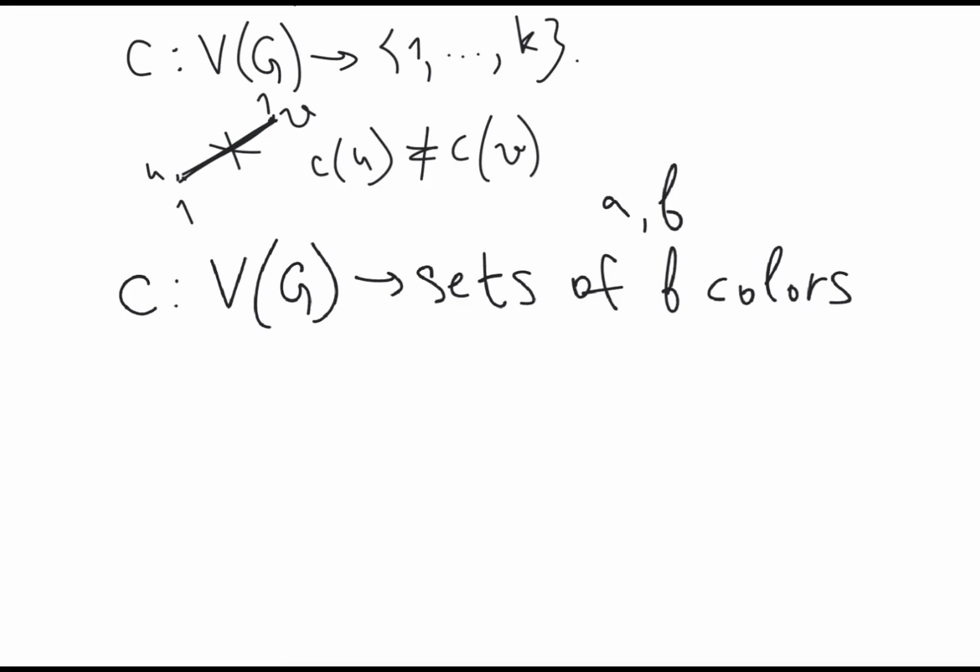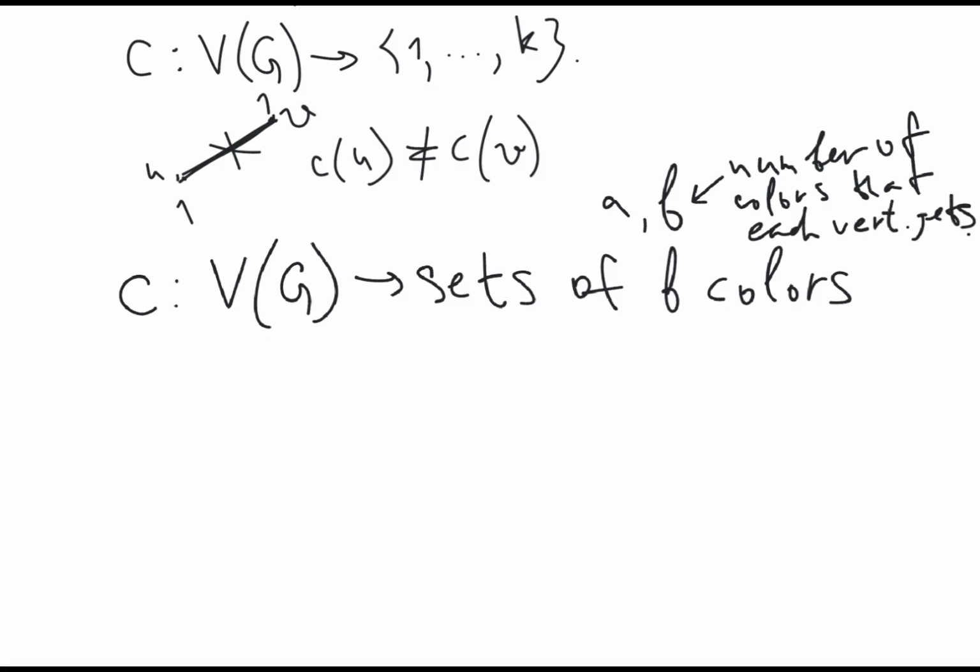So b is the number of colors that each vertex gets, and a is the total number of colors.